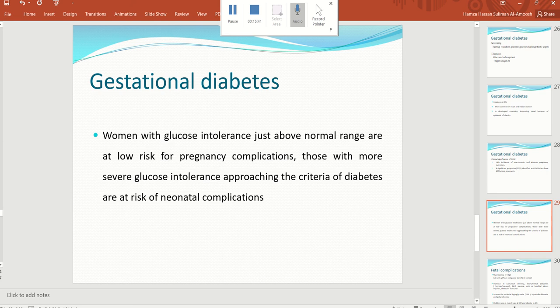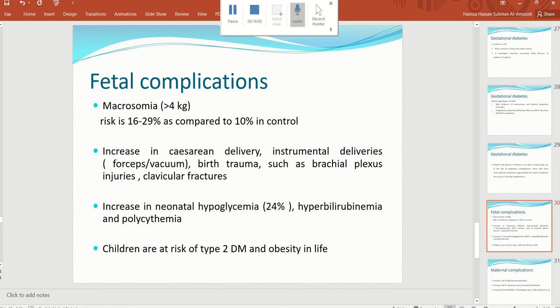Now, this slide just explains to you that glucose control is very important. The worse the glucose control, the more chance that you have congenital abnormalities and neonatal complication.